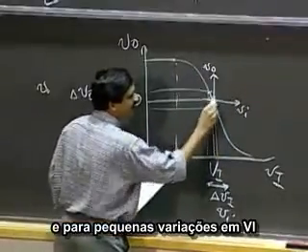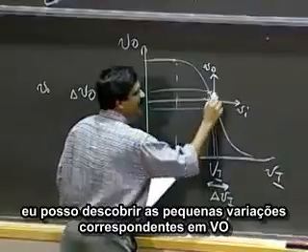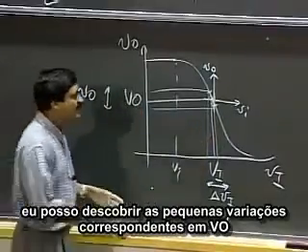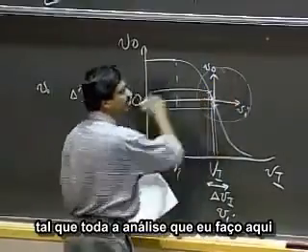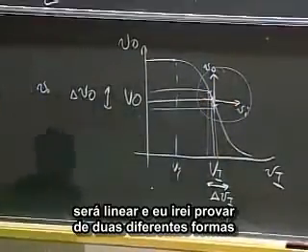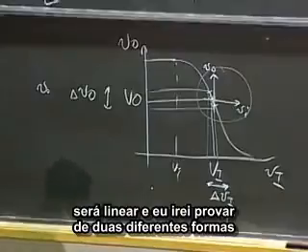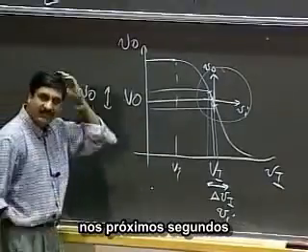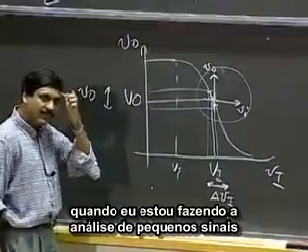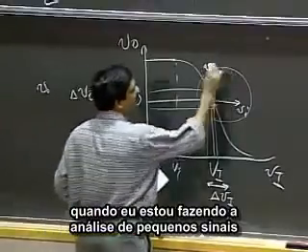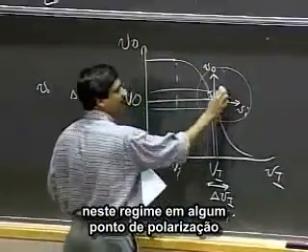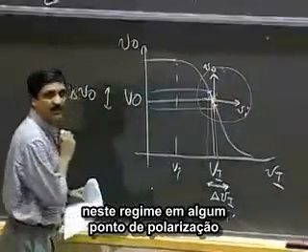And for small changes to vi, I can figure out the corresponding small changes to vo. Just that all the analysis I perform here is going to be linear, and I'll prove it to you in a couple of different ways in the next few seconds. So when I'm doing small signal analysis, I'm operating in this regime at some bias point.